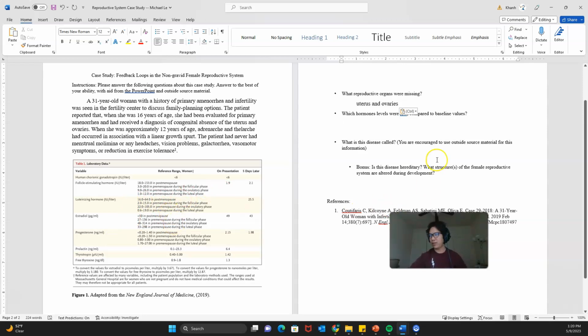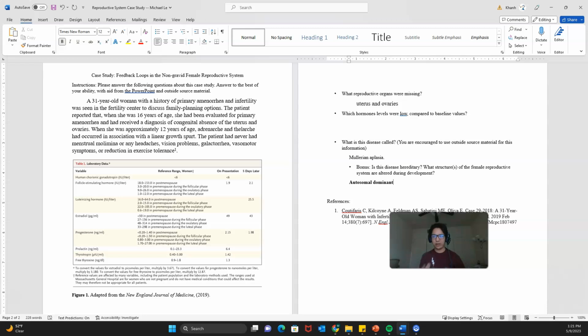Now, what is this disease called? This is an example of Mullerian aplasia, which is a hyperandrogynous condition. And is this disease hereditary? Yes, it's inherited in an autosomal dominant pattern.